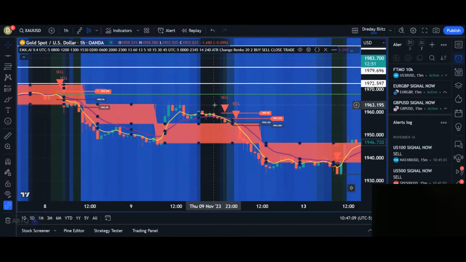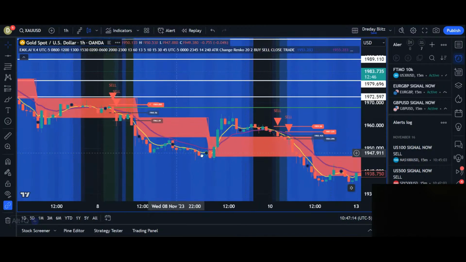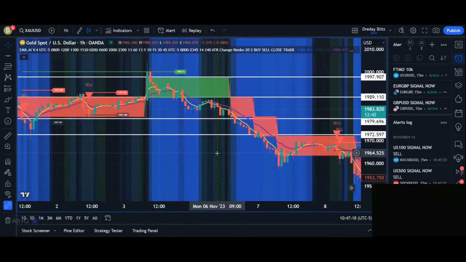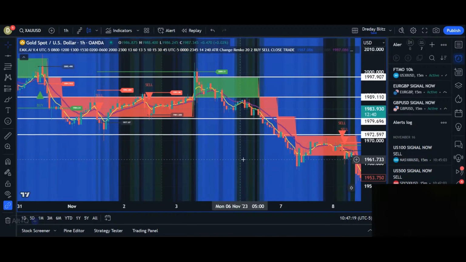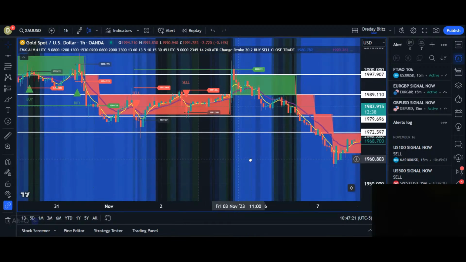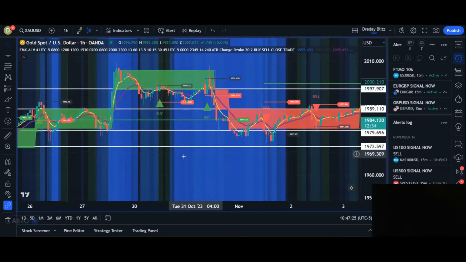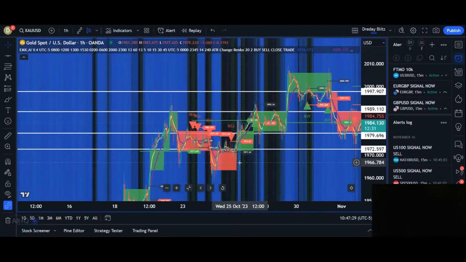Okay. And gold, it's better to trade it on the long term than scalping it. So better off to get those signals here that way.